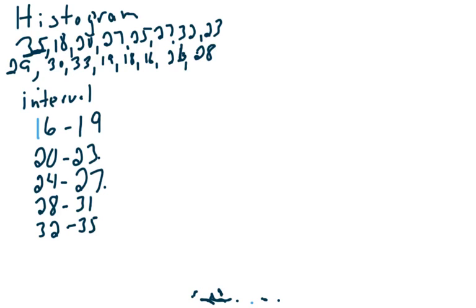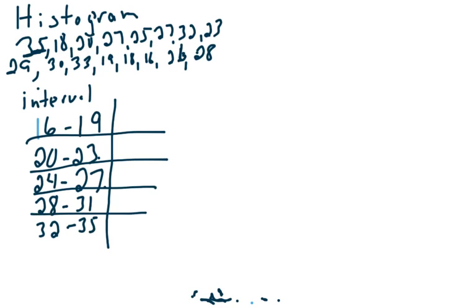After that, I have to go through my list and mark. I'm going to go to 35, and that goes in here because 35 is between 32 and 35, and I cross it off. 18 is between 16 and 19, so I put a tally there. 20 goes here. 27 goes between 24 and 27. 25 goes here between 24 and 27. 27 also goes here. 32 goes between 32 and 35.